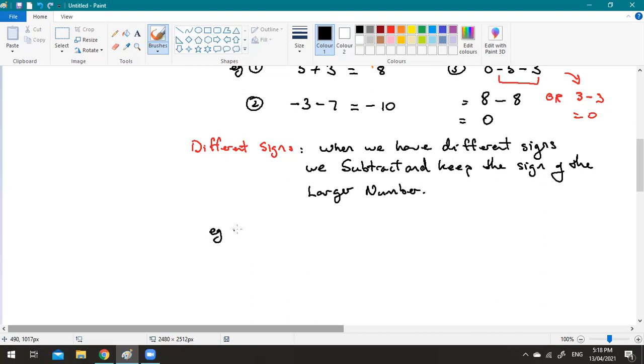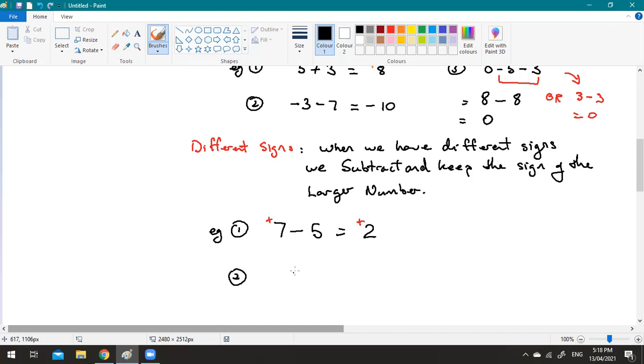So examples. This is a straightforward one that we know all the time. Because 7 is a positive number, we subtract and keep the sign of the larger number. 7 take away 5 is 2. And we can say that the 2 is positive.